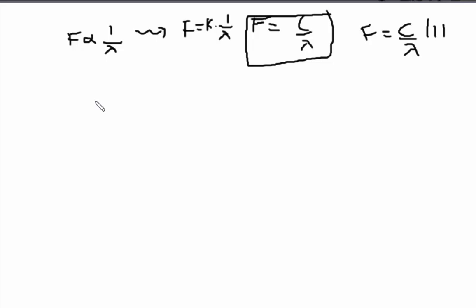Then we have to consider the packet of photons. For a packet of photons we call it energy, a packet of photons having some certain energy, that is a pack of energy content.